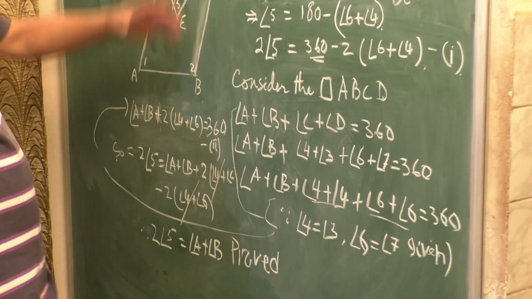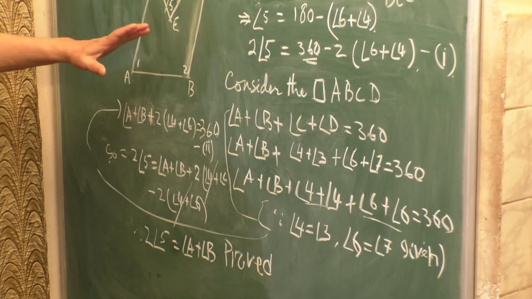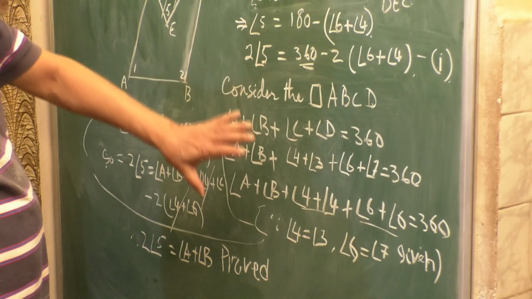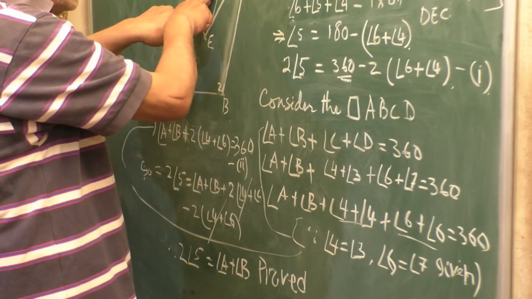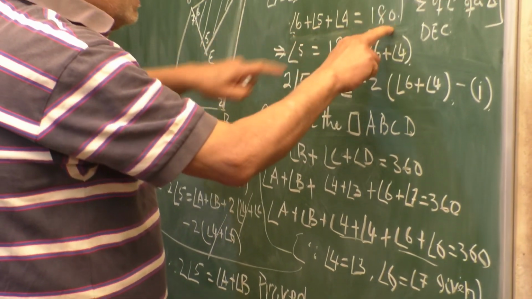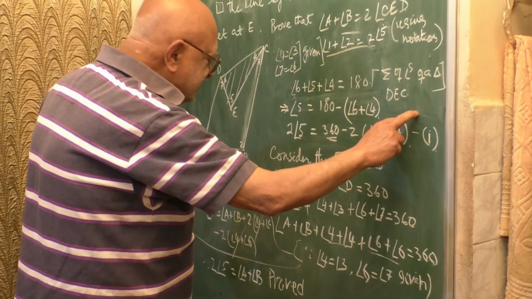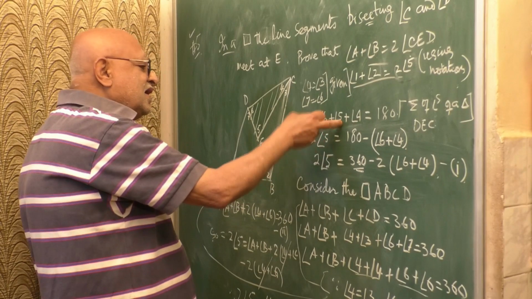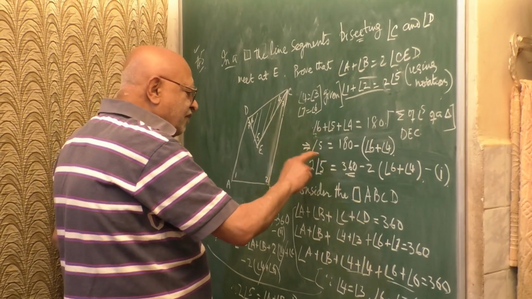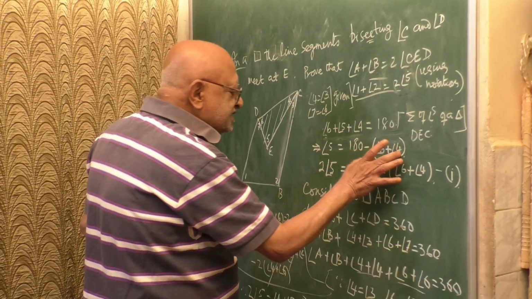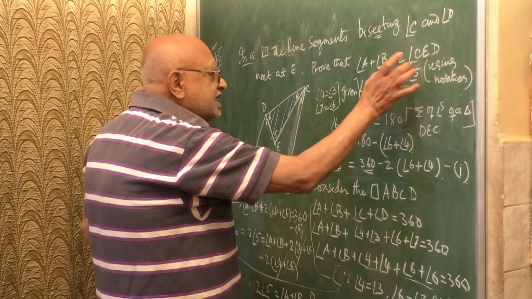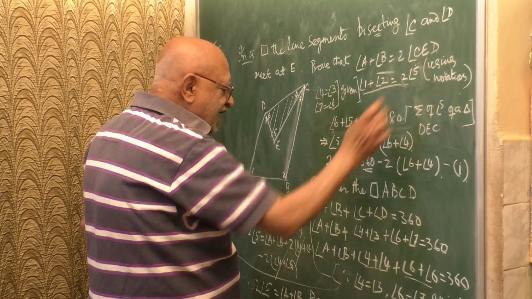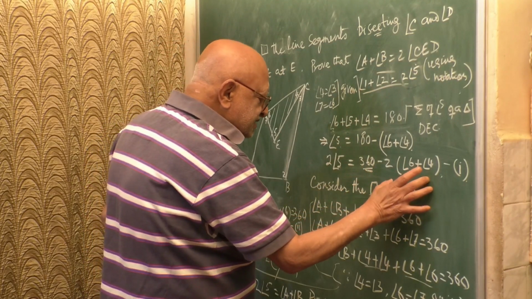So you got this one done. This was given and this is the way we have done it. All we have done is first take this triangle and add the summation of angles of the triangle. From this we took out angle 5 and got this relationship, and multiplied by 2 because here it is 2 into angle 5.